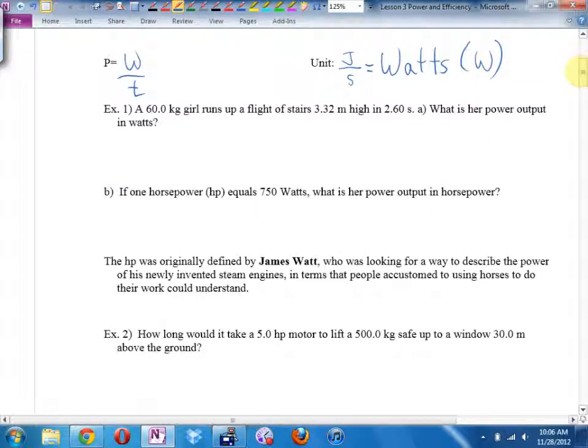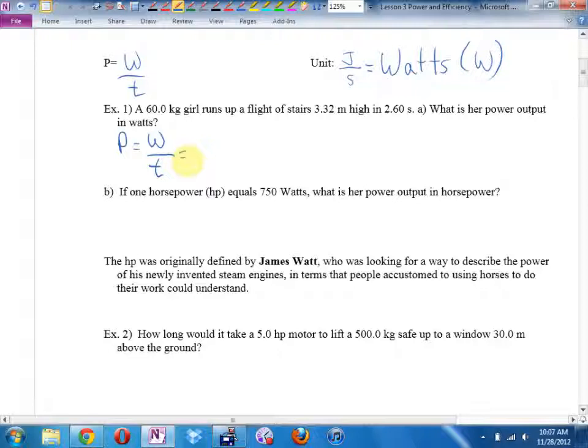It says a 60-kilogram girl runs up a flight of stairs 3.32 meters high in 2.6 seconds. What is her power output in watts? Okay. Power is work over time. That formula is on your formula sheet. If you're going up a flight of stairs, because work is force times distance, which force are you working against when you go upstairs?